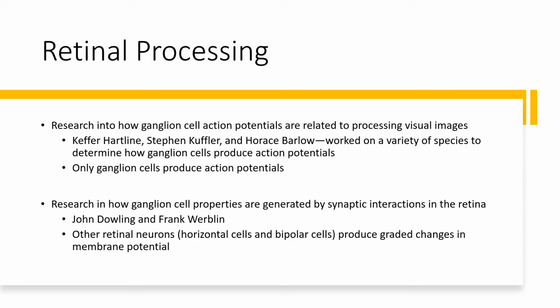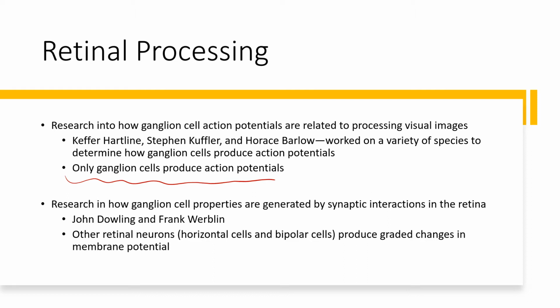So one of the things that's key here is that only the ganglion cells are actually producing action potentials in the neurons. There are no action potentials being formed in the bipolar cells, the horizontal cells, or in the photoreceptors themselves. They're just going to regulate neurotransmitter release through depolarization or hyperpolarization.